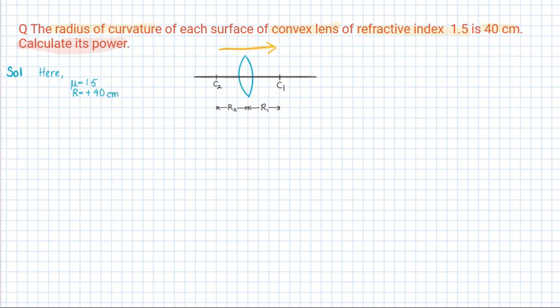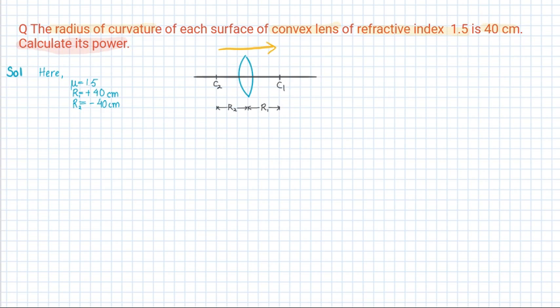This is your R1. Next, R2. R2 is also 40 centimeter, but will it be positive or negative? It will be negative. So these are the details given in the question.